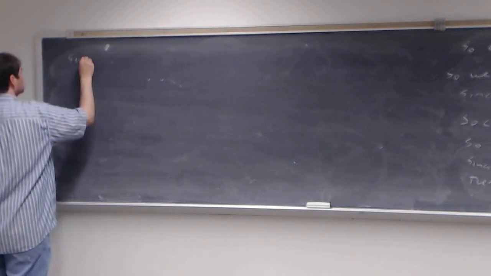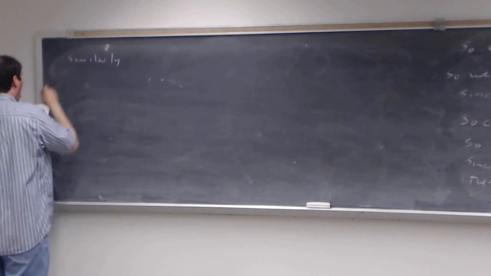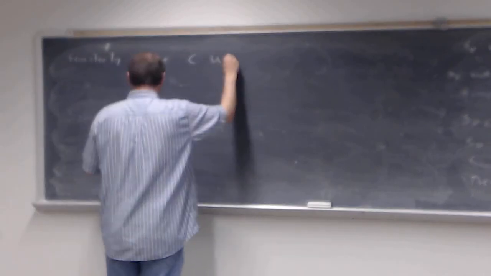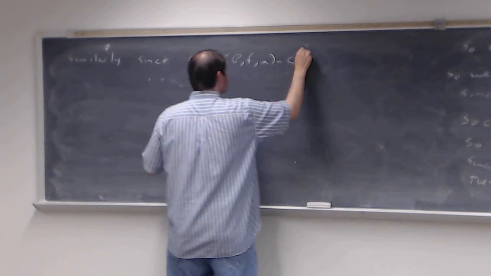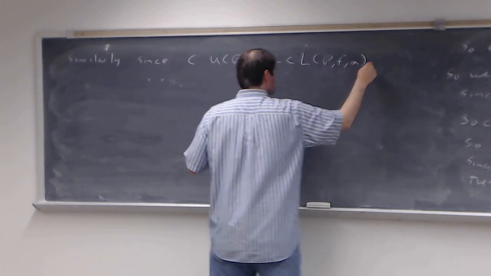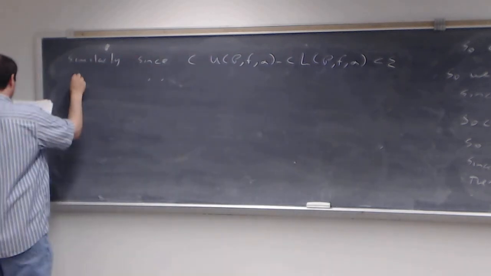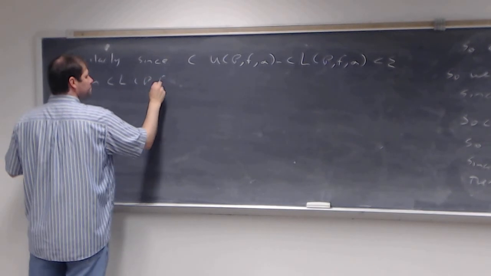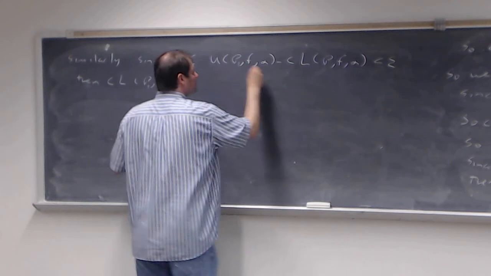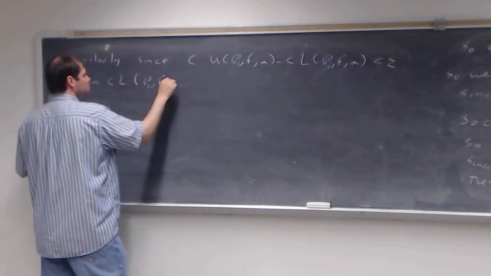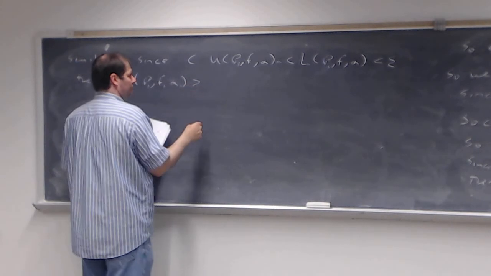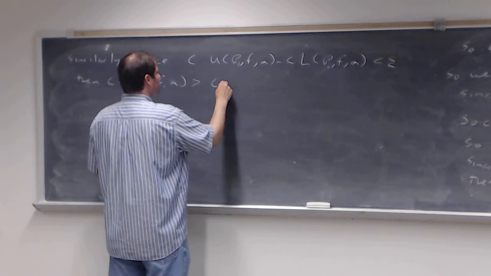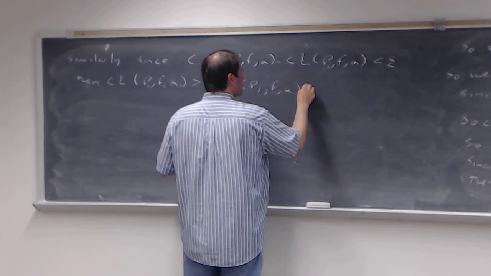Similarly, since C times the upper sum minus C times the lower sum is less than epsilon, then C times the lower sum, just like what we did before, for P sub 1, f alpha is going to be greater than C times the upper sum minus epsilon.